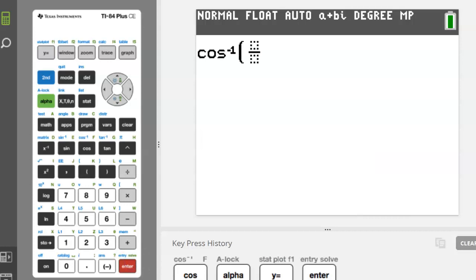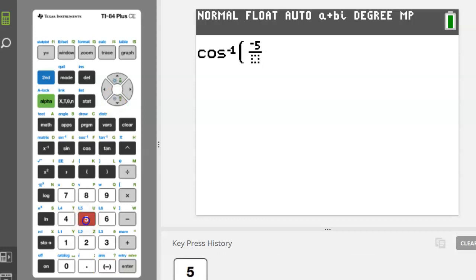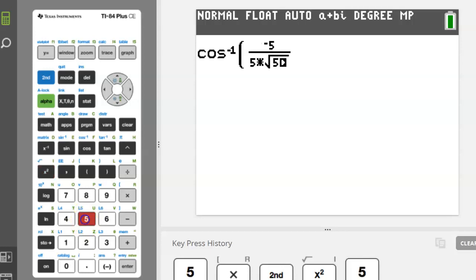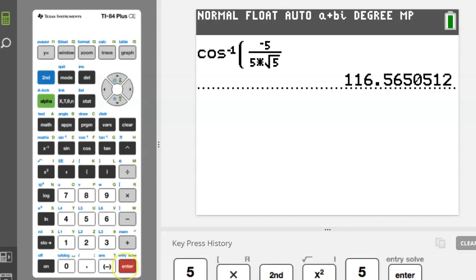The top part of the fraction was negative 5, and the bottom part of the fraction was 5 times the square root of 5. You don't have to close the parentheses at the end. You can if you want. I get 116.6 degrees.